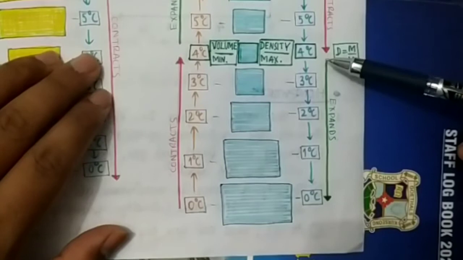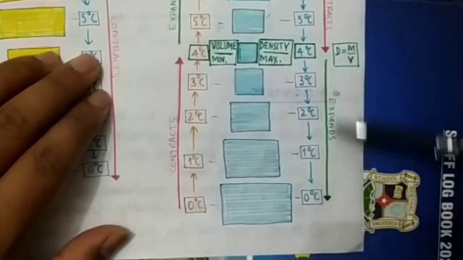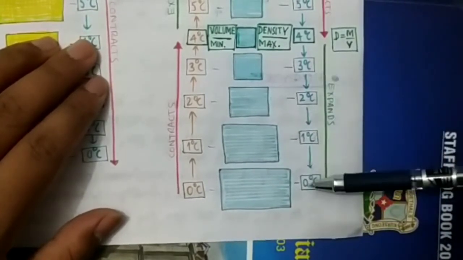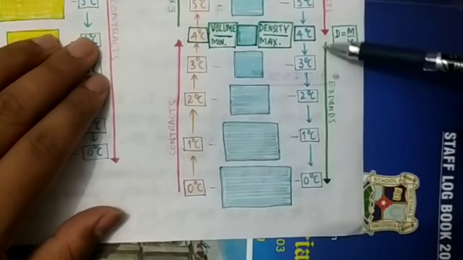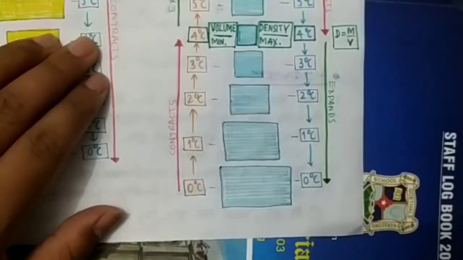Now if you cool water from 4 degrees Celsius till 0 degrees Celsius, instead of contracting, the water will expand. So this unusual behavior of water is known as anomalous expansion of water. The expansion of water when it is cooled from 4 degrees Celsius to 0 degrees Celsius is called anomalous expansion of water.